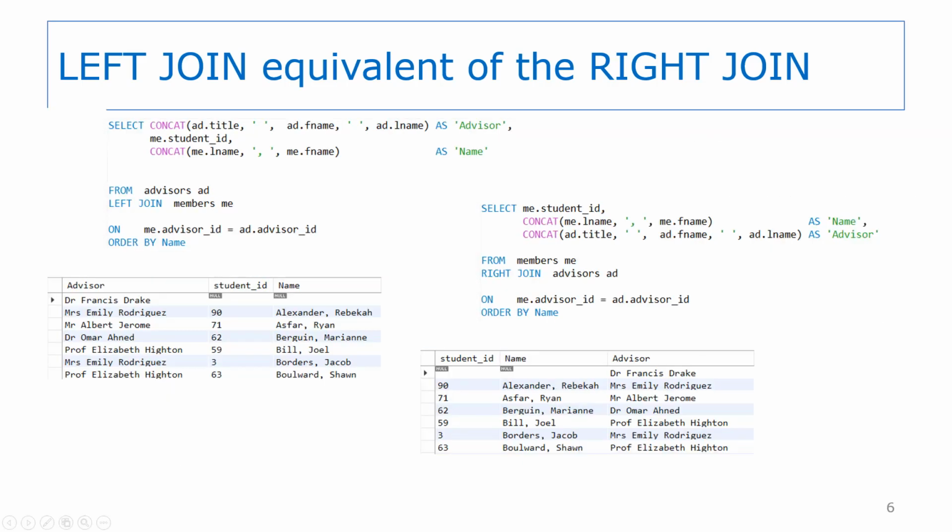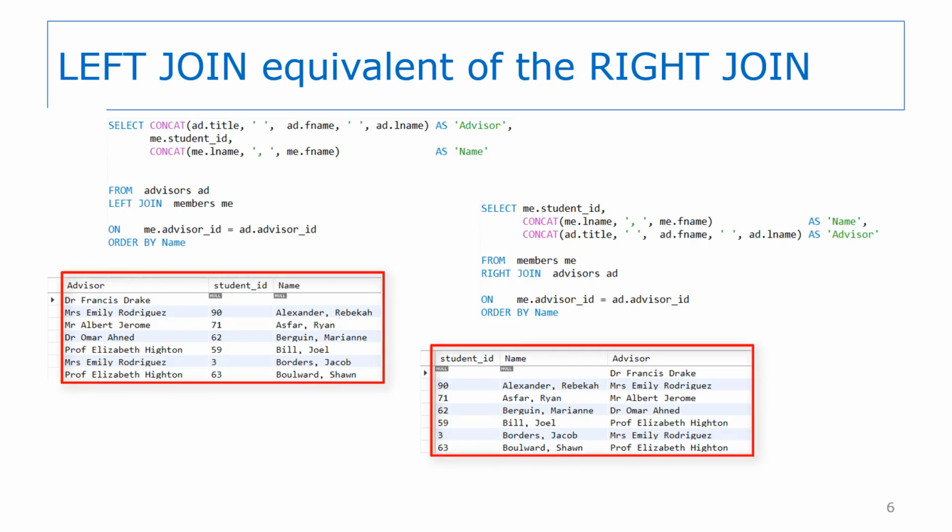This slide shows the left join on the left side of the slide and the equivalent right join on the right side of the slide. If you look at the result grids, you can see that the data in the grids is the same, it is just in a different column order. On the left side, the advisor name appears first, so you always see data in the left column of the result grid.